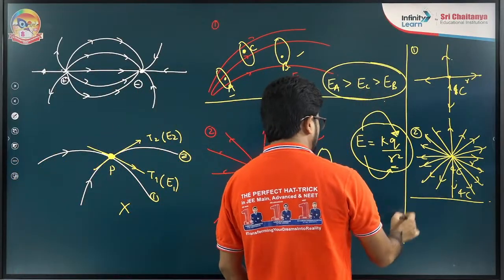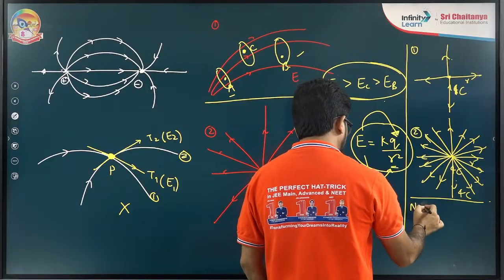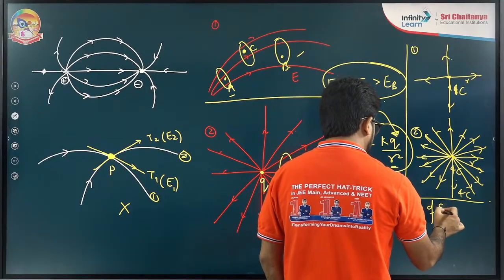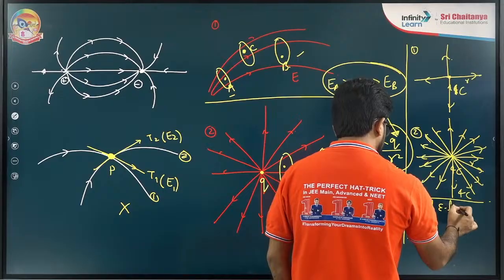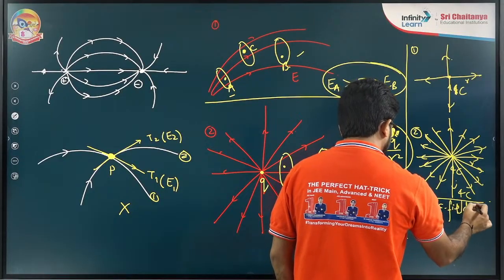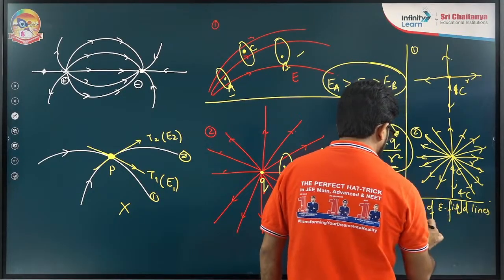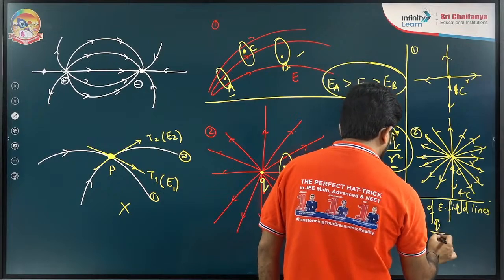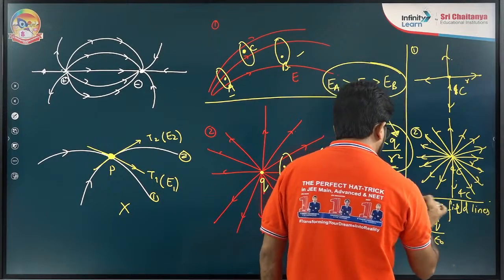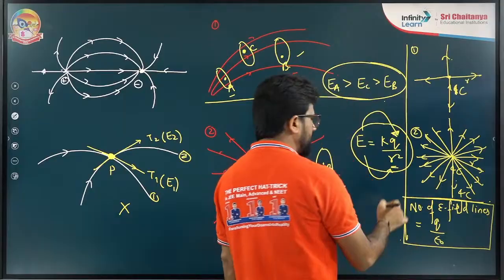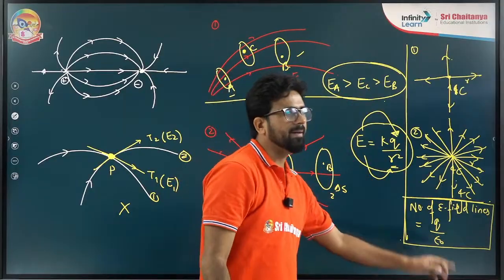The number of field lines, you have to remember this formula: number of electric field lines is equal to Q by epsilon naught.